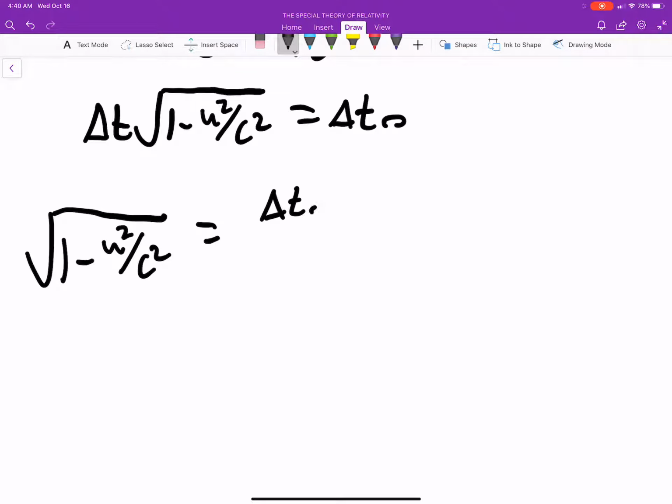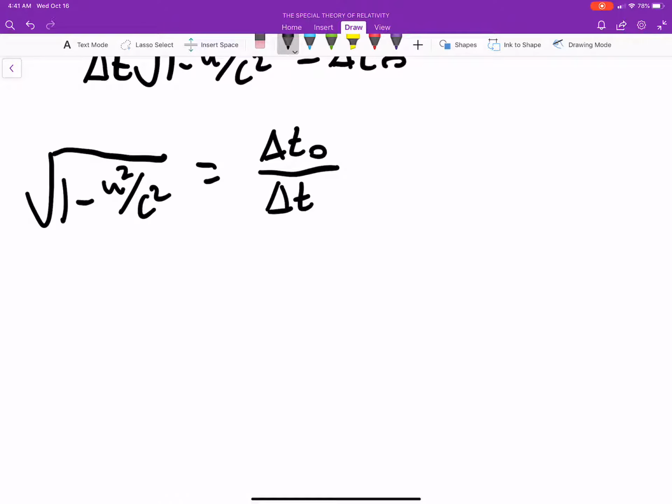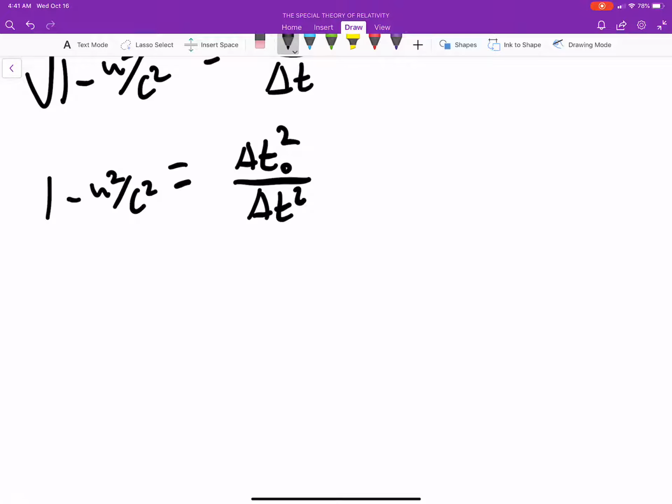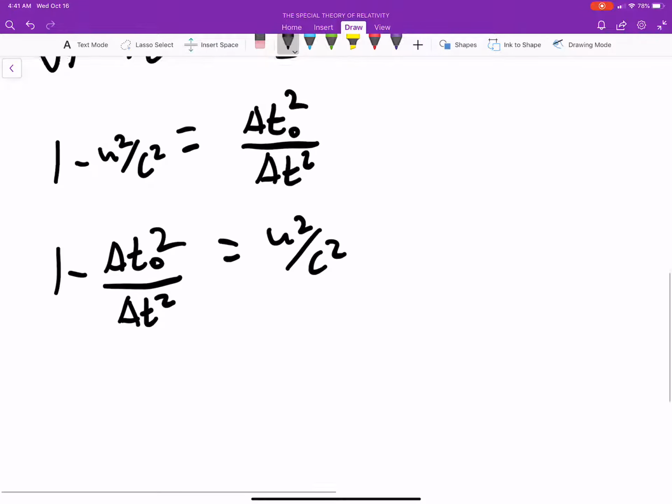So we're going to divide on over delta T naught over delta T, or 1 minus u squared over c squared is delta T naught squared over delta T squared. 1 minus delta T naught squared over delta T squared is u squared over c squared.